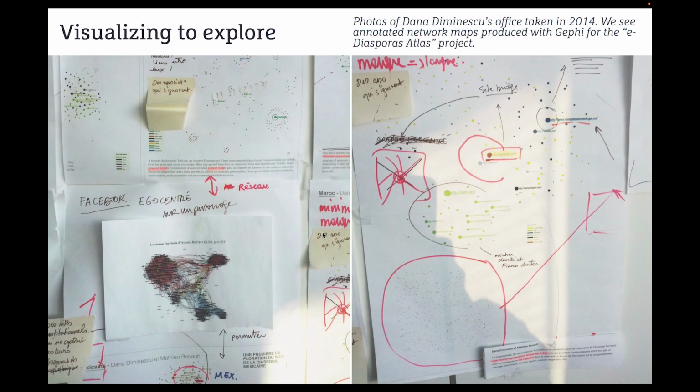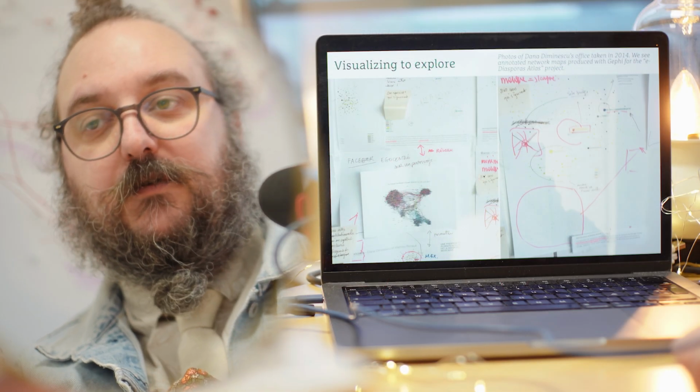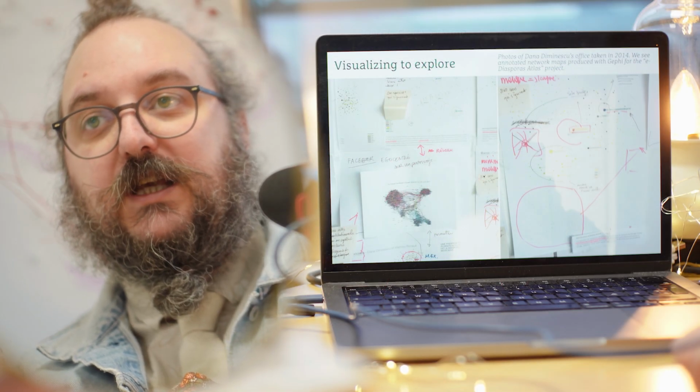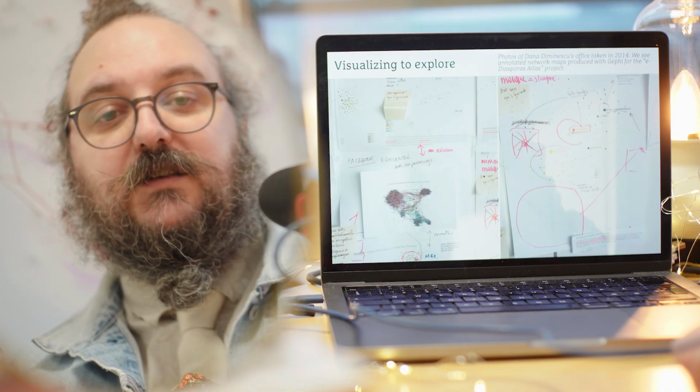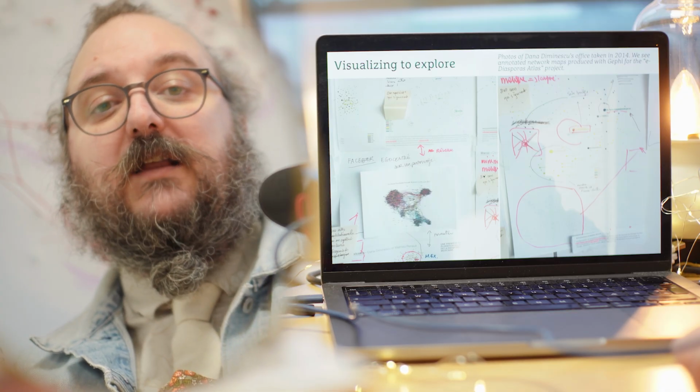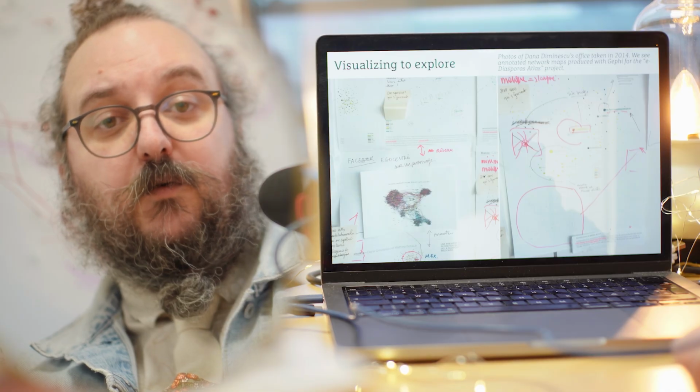Basically, she was the head of the research project where Gephi, the network analysis and visualization tool I co-created and that I will show later on, was created. So it was created in the frame of this research project where we were studying migrations, migration communities or diasporas, and their presence on the web.